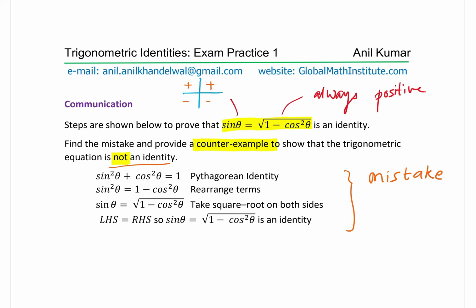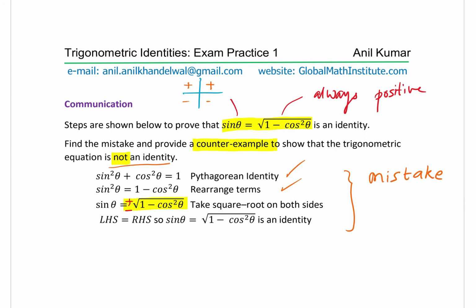correct? So let's go through the proof. So the very first statement here is sine square theta plus cos square theta equals to 1. That's a Pythagorean identity. That is correct. No problems. We rearrange sine square theta as 1 minus cos square theta. That's correct. Then we do square root and write down this. Now that is an error. The error here is that whenever you do square root, you have to write plus and minus.